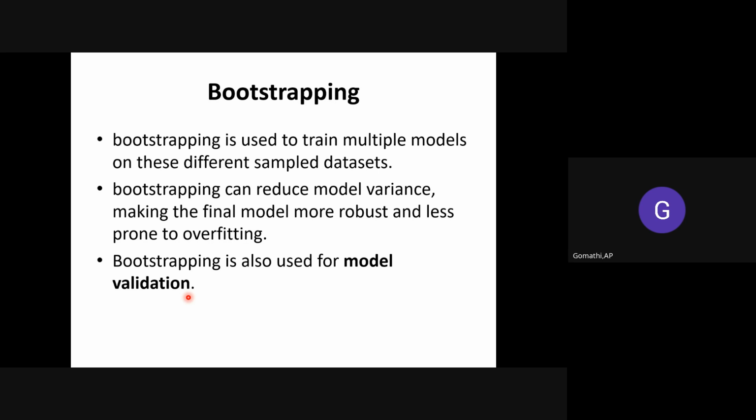If the dataset size is very limited and we want to increase it, we can use bootstrapping, creating multiple bootstrap samples, training a model on each sample and then evaluating its performance across all the samples. All of this happens in bootstrapping to increase the size of the data set.